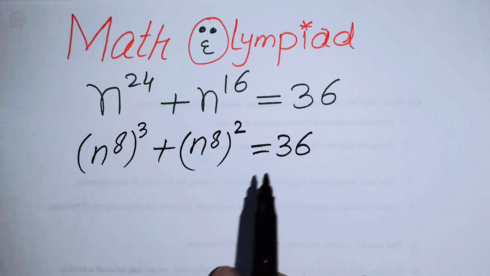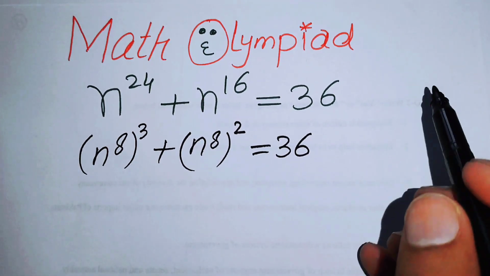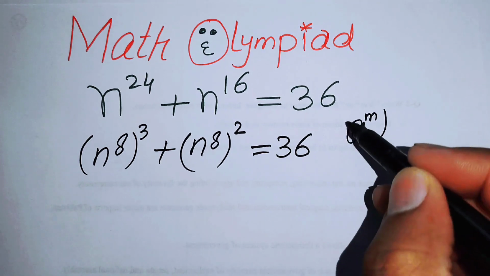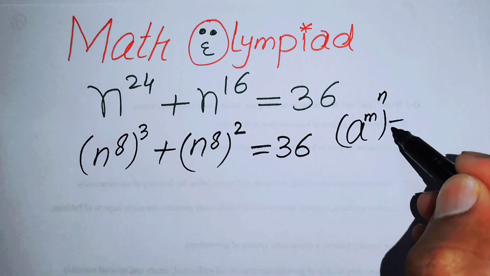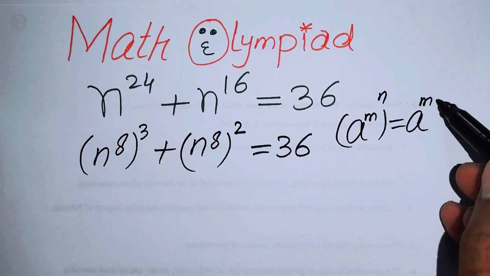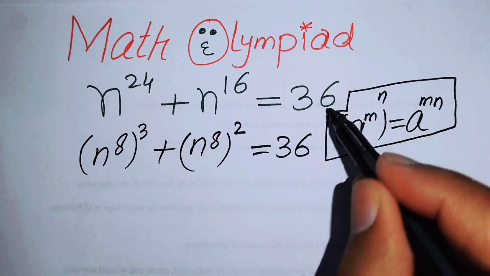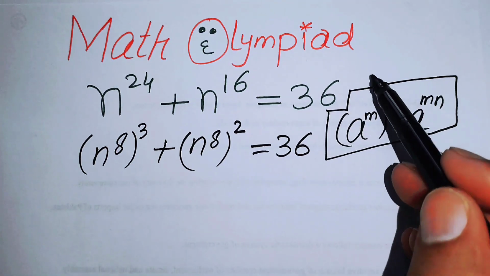Because you know the exponential law: if we have a to the power of m to the power of n, it equals a to the power of m times n. So we can apply this exponential law here.